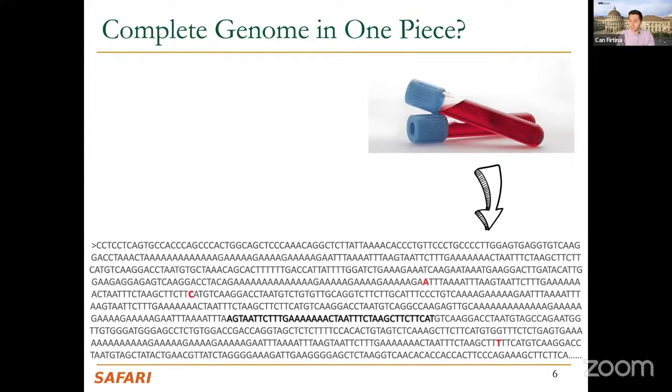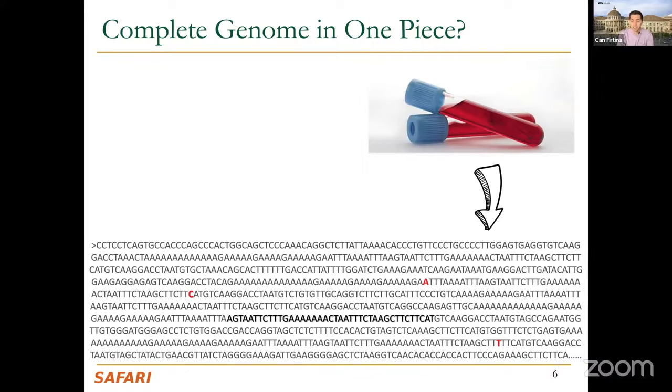We can start describing this limitation by asking the question: can we sequence the complete genome in one piece? Remember, in humans we have 23 pairs of chromosomes, and this is the largest fragment that we can have in a genome, right?